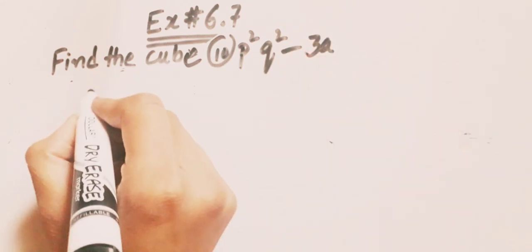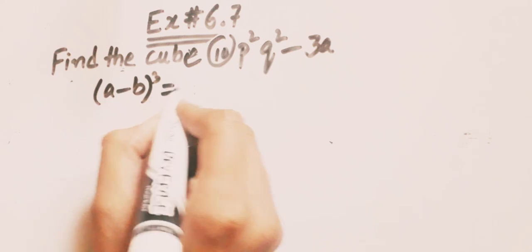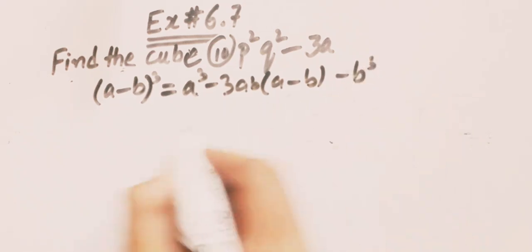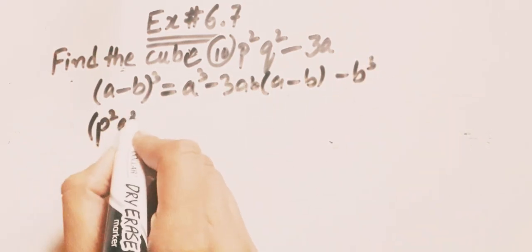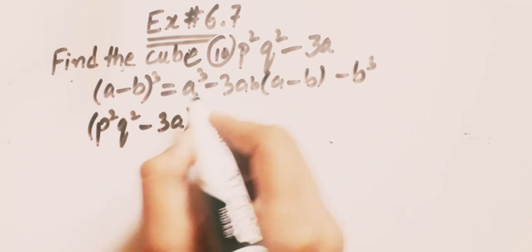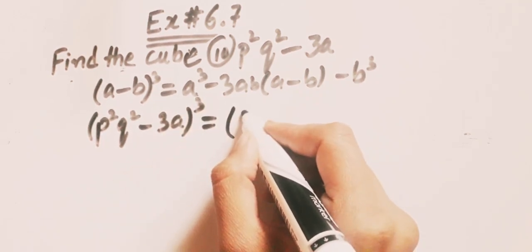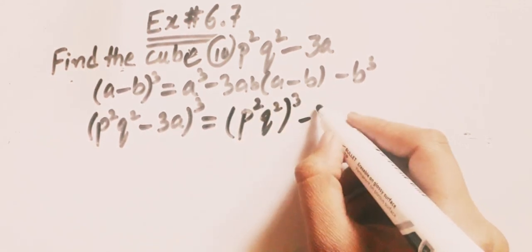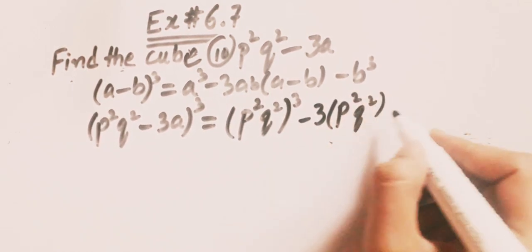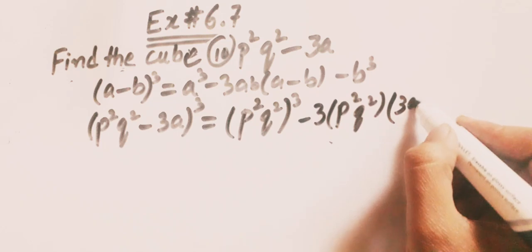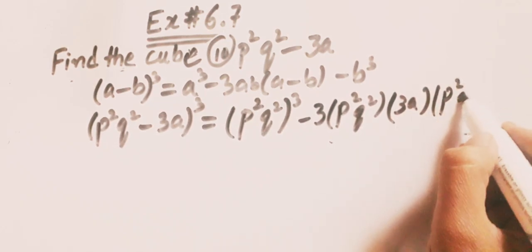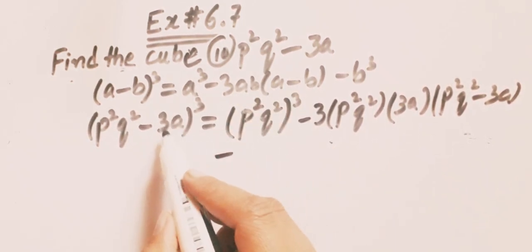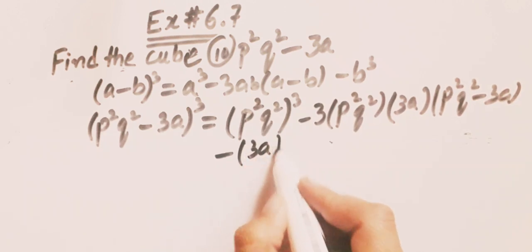So we will apply the formula of a minus b whole cube, which is equal to a cube minus 3ab into a minus b, minus b cube. p square q square minus 3a whole cube is equal to a cube, means p square q square cube, minus 3 into p square q square, 3a, p square q square minus 3a, and the b cube will become 3a cube.